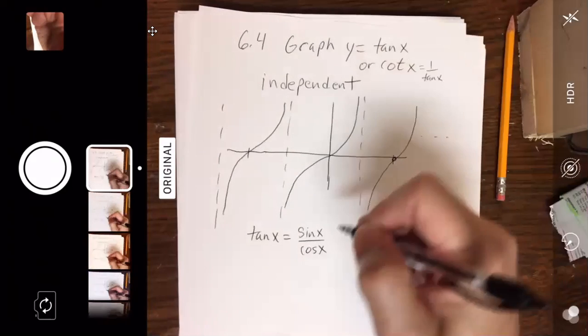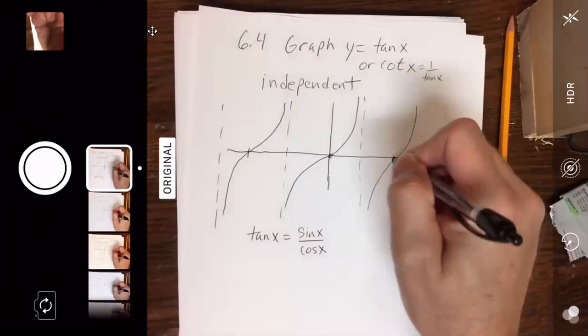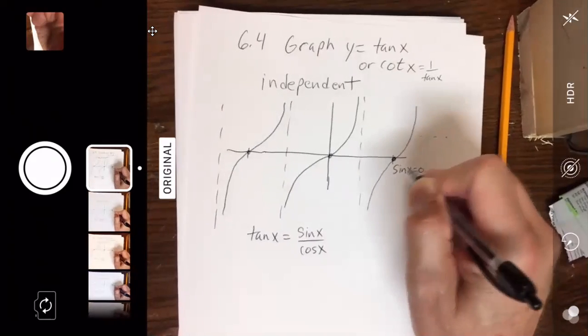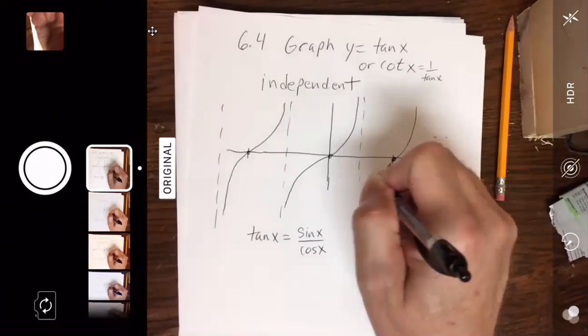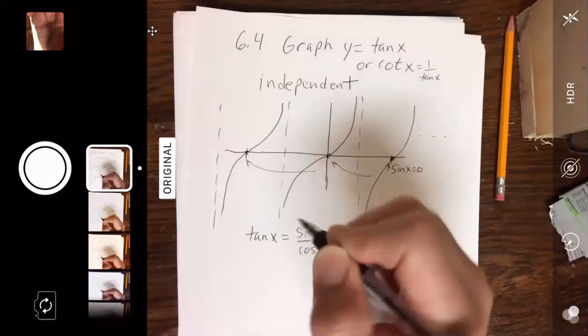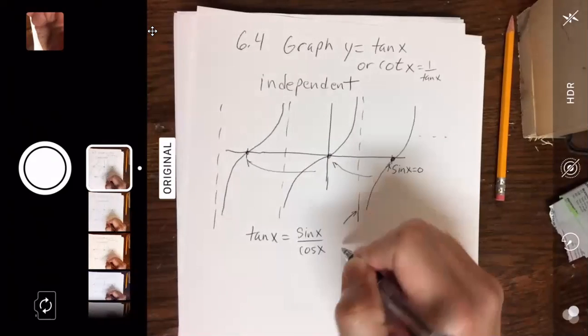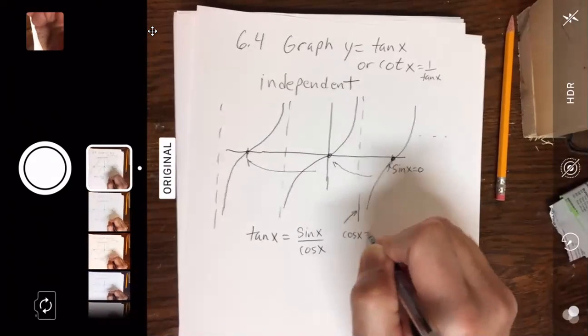All right. The x-intercepts are where sine is 0. Here, here, here. These vertical asymptotes are going to be where cosine of x equals 0.